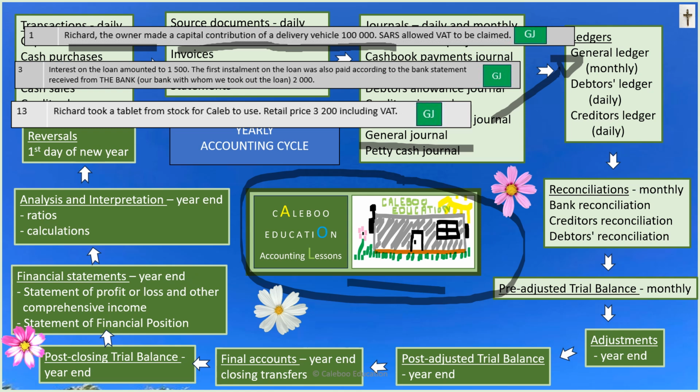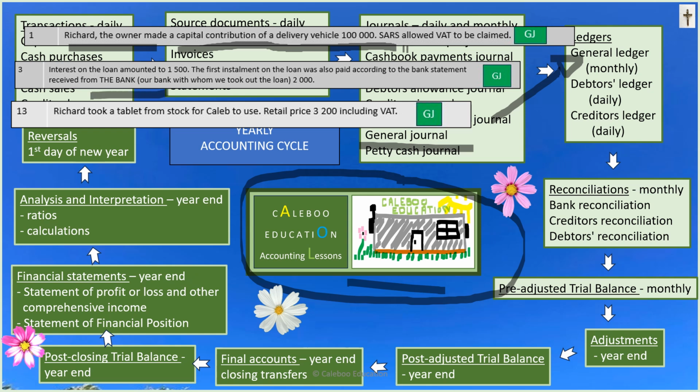So I'm not contributing cash there. Remember when we did a capital contribution of cash, it went into the cash book receipts. In this case, Richard, myself, the owner of Calibre Education, has made a capital contribution of a vehicle. We're going to look at that transaction.